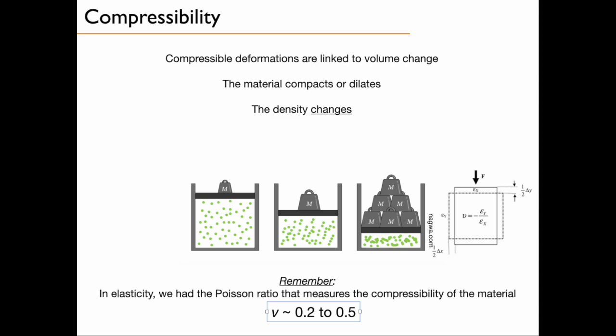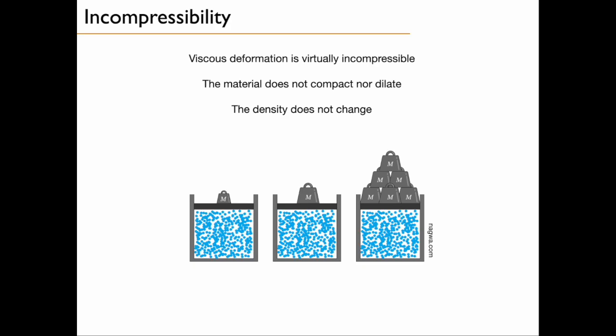So what is incompressibility? Incompressibility is this situation: you already have a material in the box and you change the weight on top of it, and the surface, or the volume, will not change. So this material is incompressible.